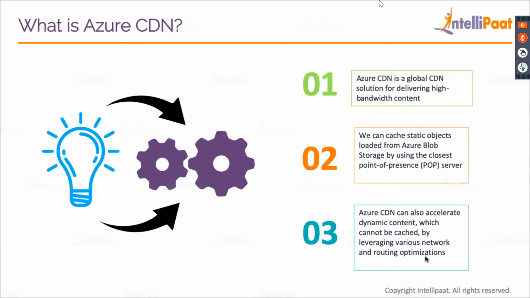But when you make use of Azure CDN for dynamic content, it does not route it through the internet. It routes it from Azure's internal fiber optic network, and from the nearest edge location of mine. Again, in this case, it gets released onto the internet and then it reaches me. So in that case as well, because we have optimized the network paths, this file reaches me in the fastest manner possible.